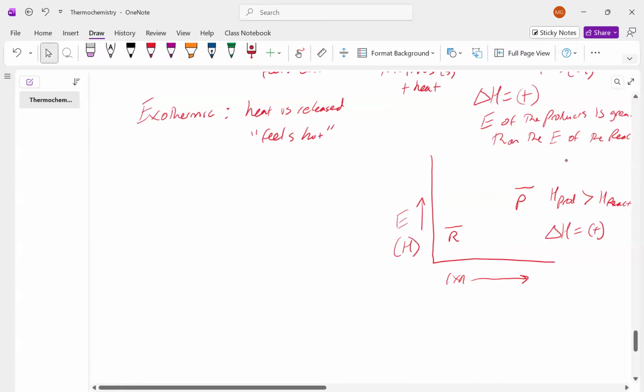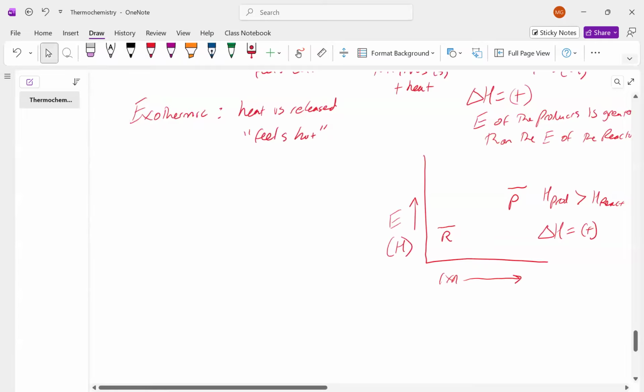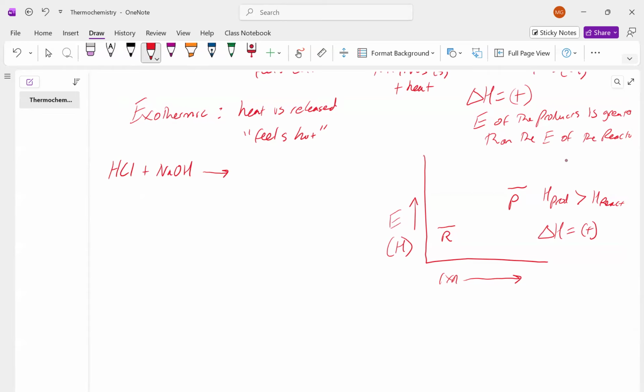Now, on the flip side of this, let's look at an example of an exothermic reaction. You'll be doing this very soon in lab if you haven't already. We're going to do a neutralization reaction, reacting an acid with a base to produce a salt and water. This process also releases heat.